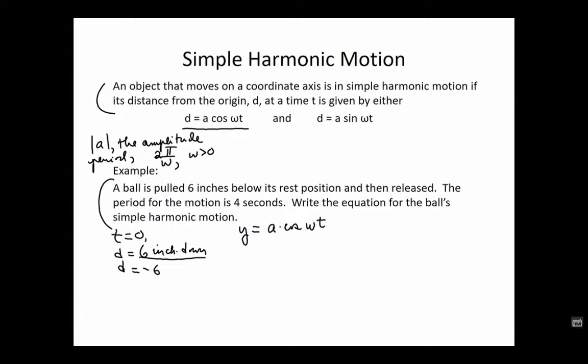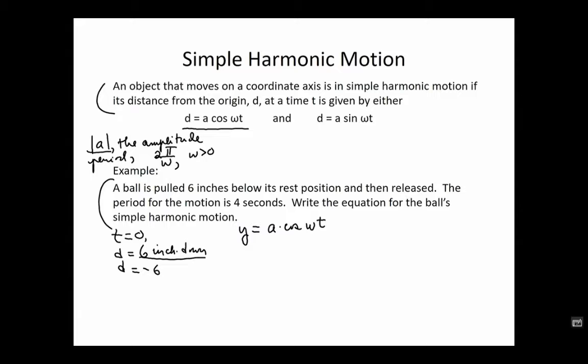Recall that the absolute value of a is the maximum distance. Because the ball initially moves down, a is negative 6. The value of omega can be found using the formula.